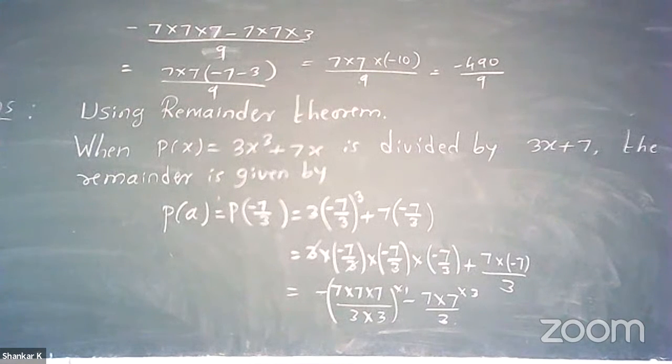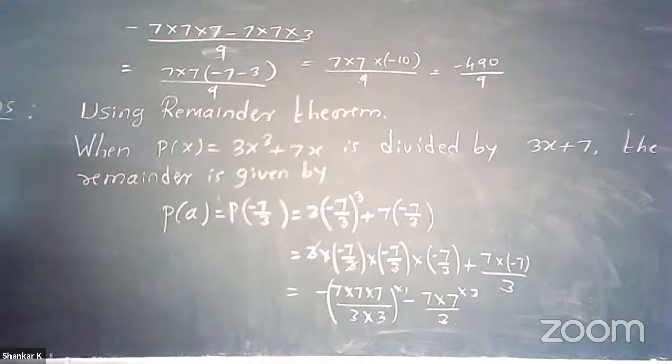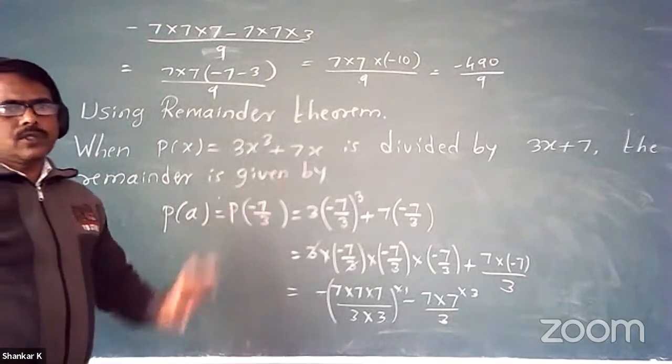Write this. Actually, they have asked you to check whether it is a factor or not. If it is a factor, the remainder should come 0.